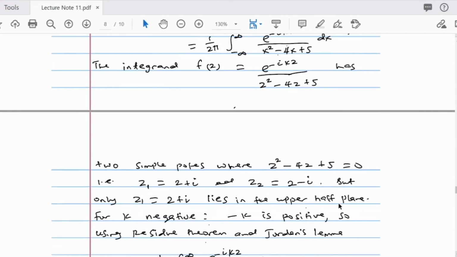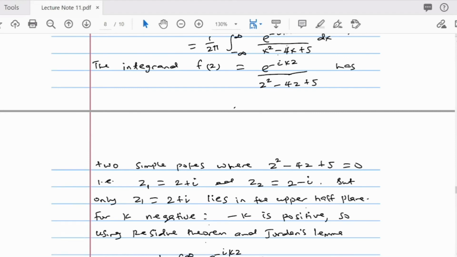If you draw 2 minus i on the x and y axes, 2 along the x axis and minus 1 along the y axis will be somewhere below, not in the upper half plane. 2 plus i will be in the upper half plane. So only 2 plus i is in the upper half plane. Because of that, I'm going to discard the other singular point, which is 2 minus i, because it is below the upper half plane.